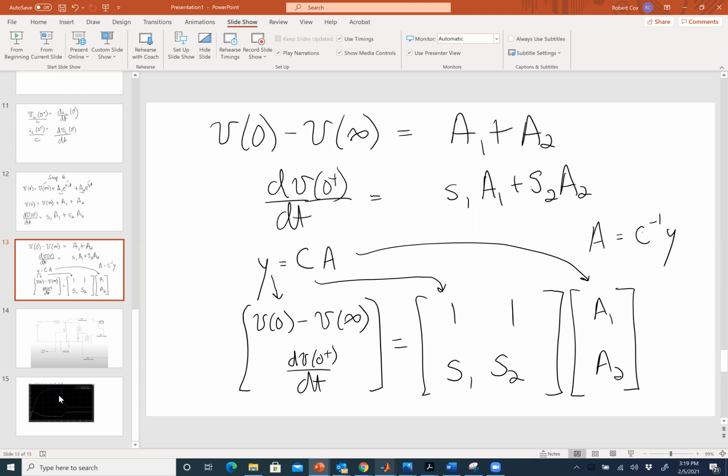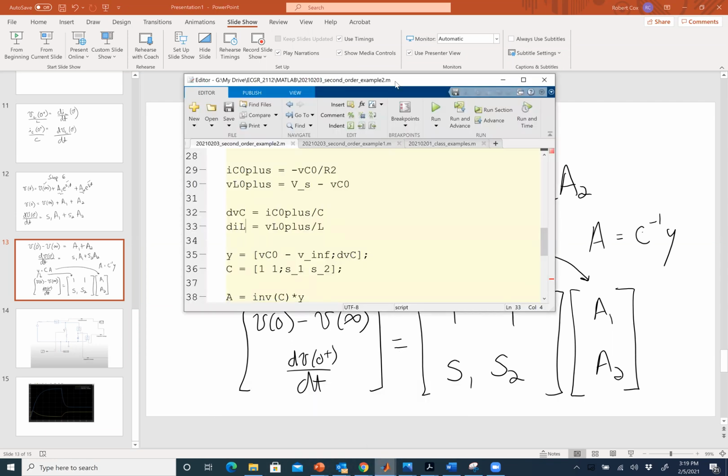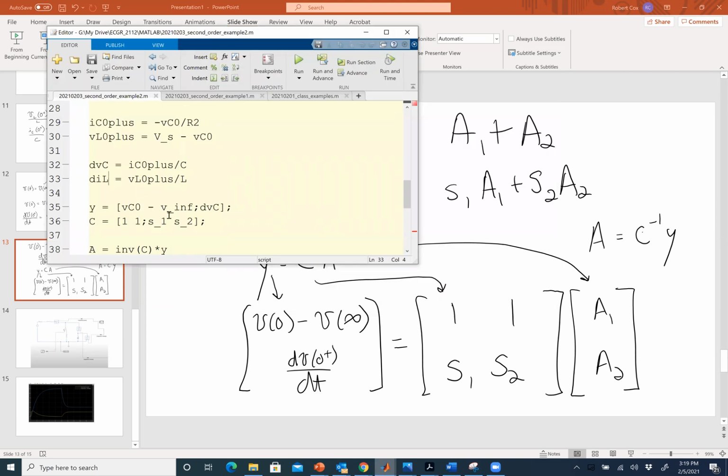There are all sorts of ways to do that. What I did was I gave you code. I already uploaded this code. Let's be careful, this is where your matrix dimension problem comes in. For the Y matrix, I put my first row, V of 0 minus V of infinity, and then a semicolon.